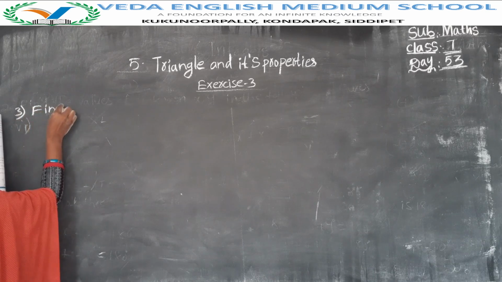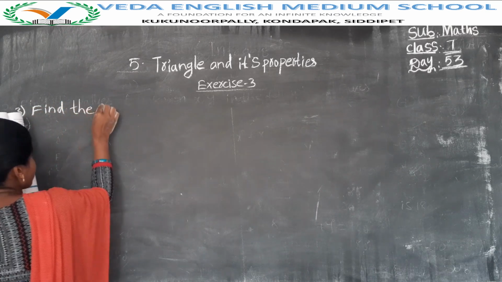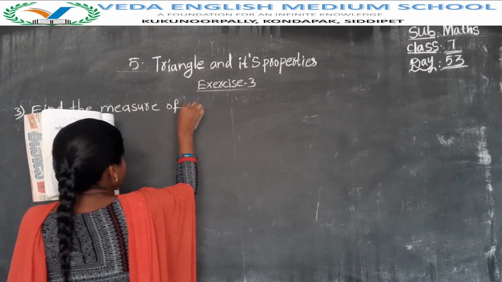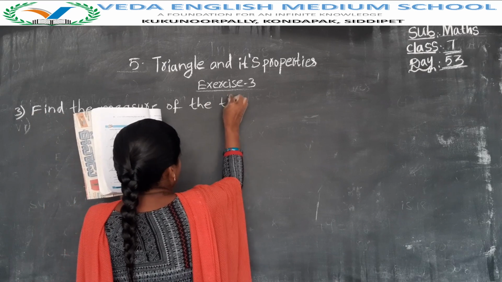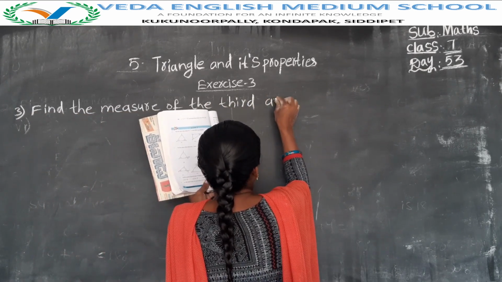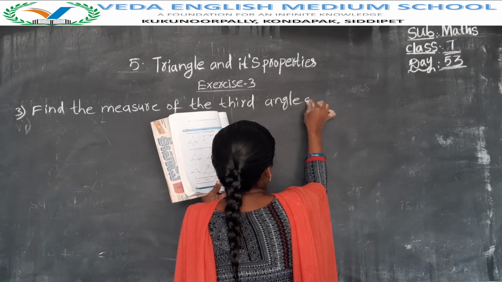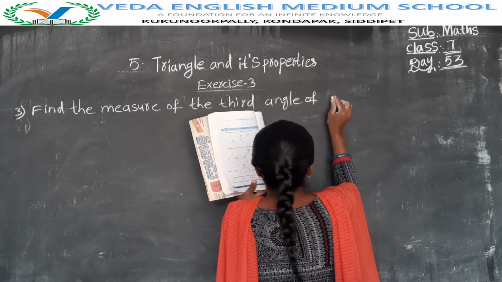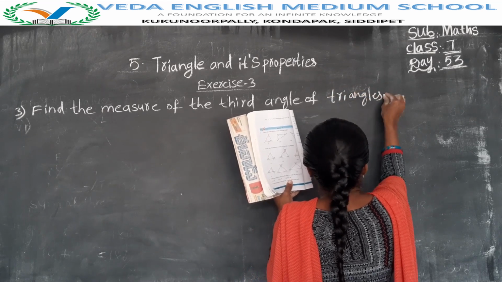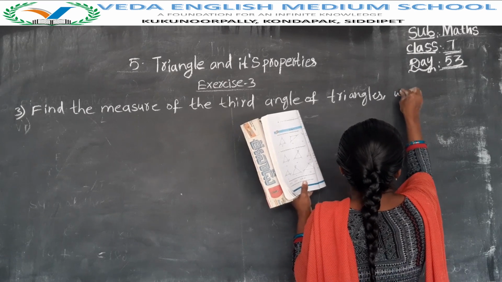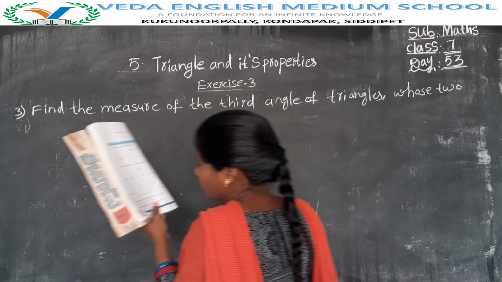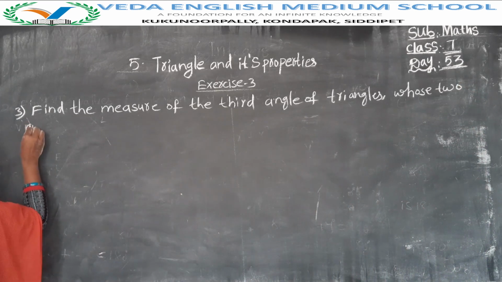Find the measure of the third angle of triangles whose two angles are given below.